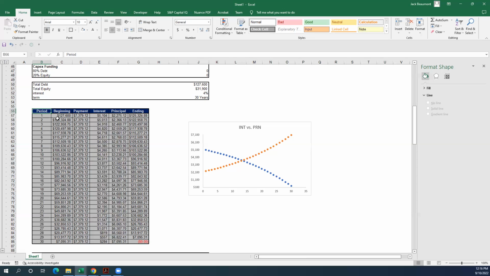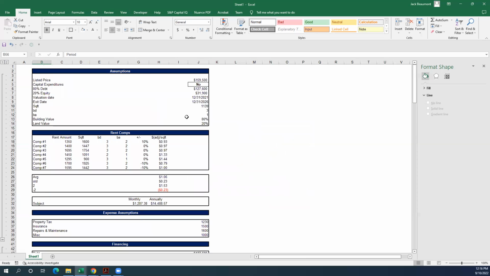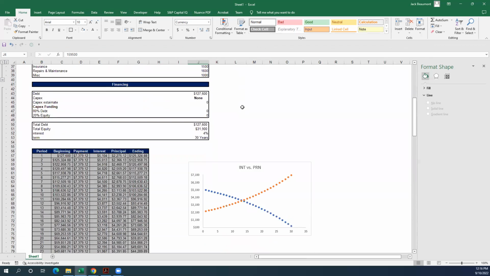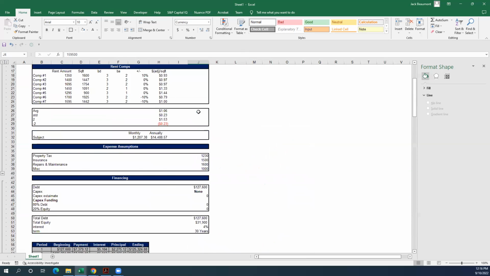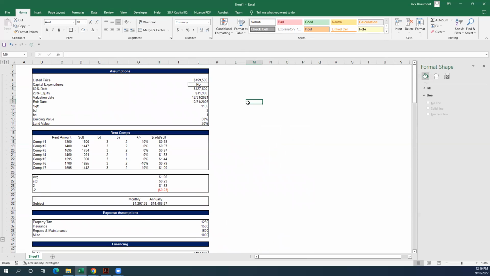This property that we analyzed was $160,000, but we only had to put forth $31,000. The bank put forward the rest. So we're essentially getting an asset worth $160,000 for $31,000, and we're producing a return. And at the end of that term, we own the asset.